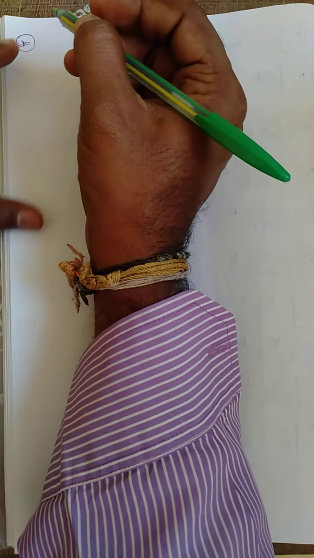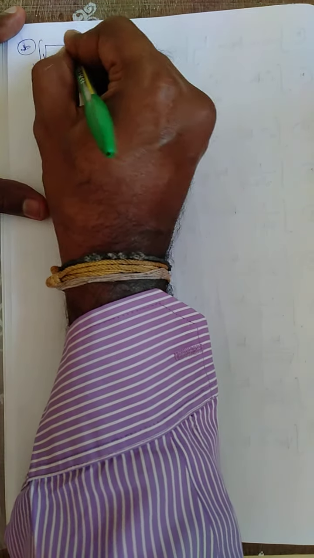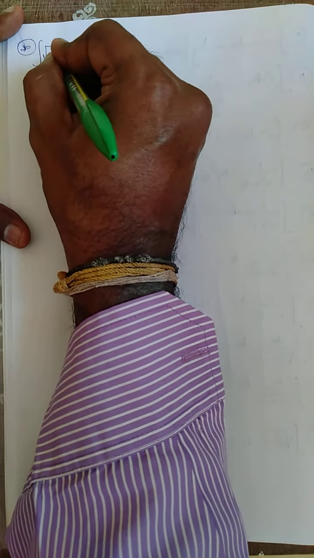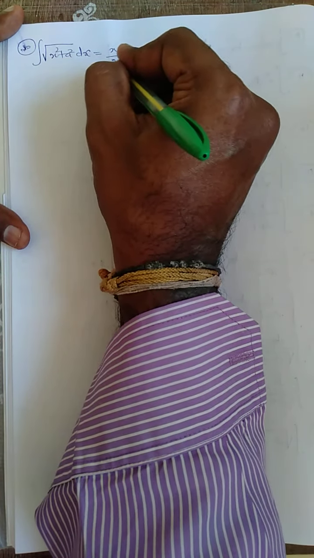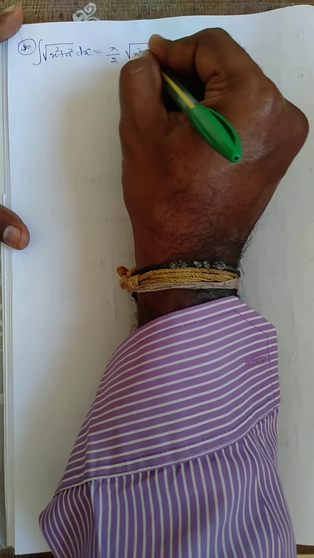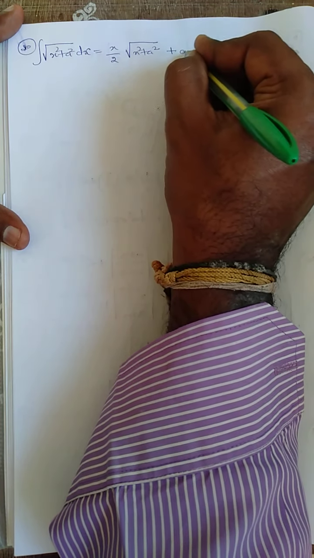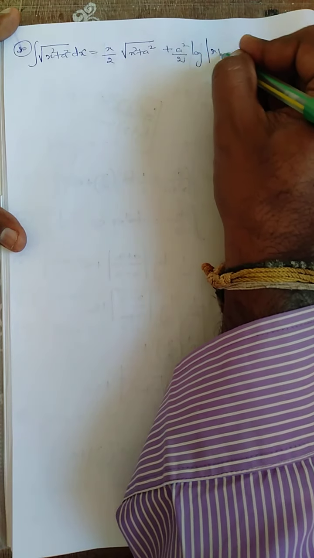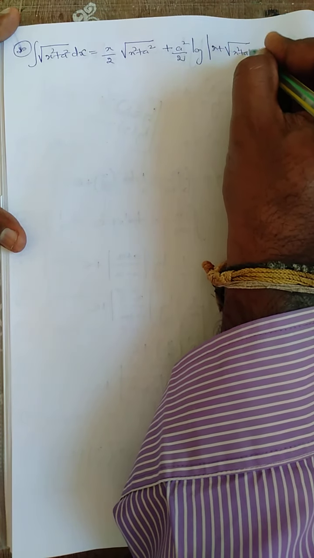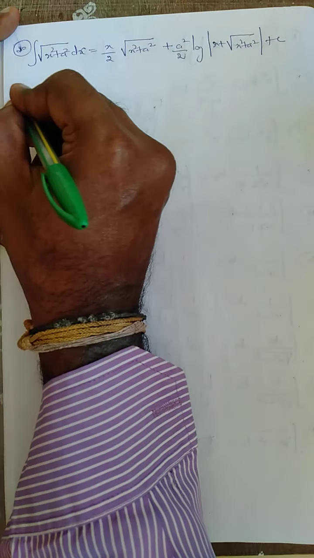Formula number 20. Integration of square root of x square plus a square into dx is equal to x by 2 square root of x square plus a square plus a square by 2 log of modulus of x plus square root of x square plus a square plus c.